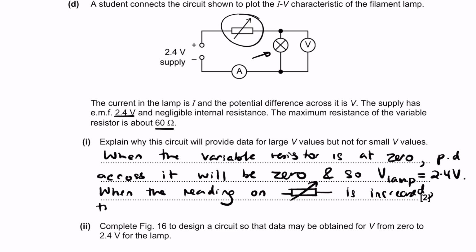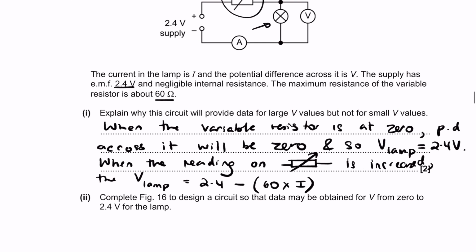Okay, the V across the lamp is going to be basically equal to 2.4 minus the voltage across the variable resistor, which is 60 times the resistance times whatever current is flowing through.